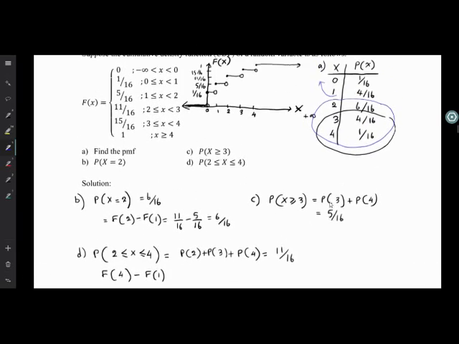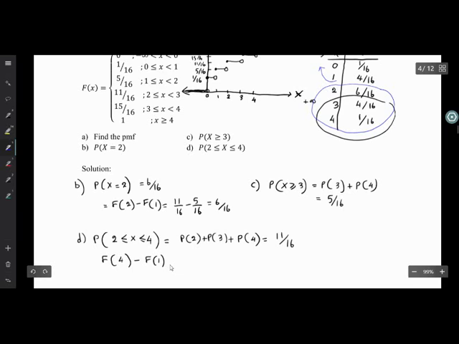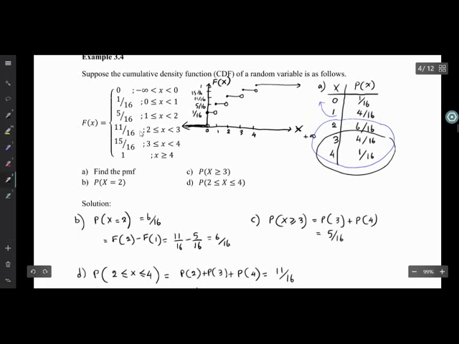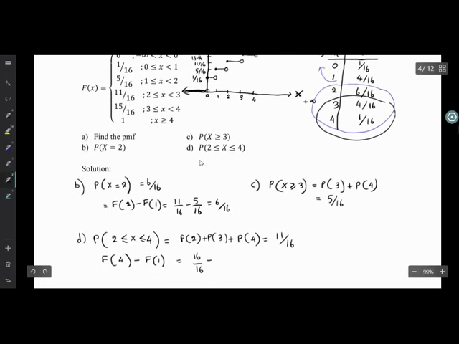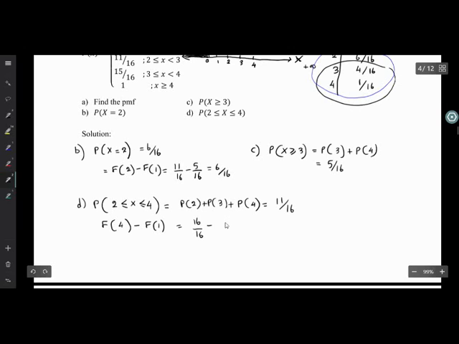So the probability up to 1, that is F1, you have to subtract. If you do that, you'll end up with capital F at 4 is 1, that is the total probability, or 16 over 16. Capital F at 1 is 5 over 16.